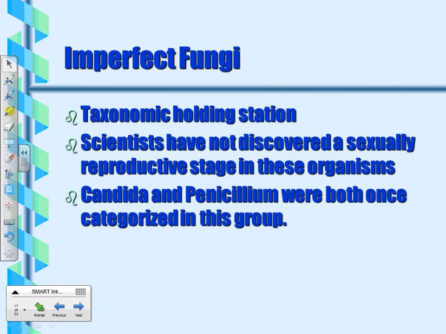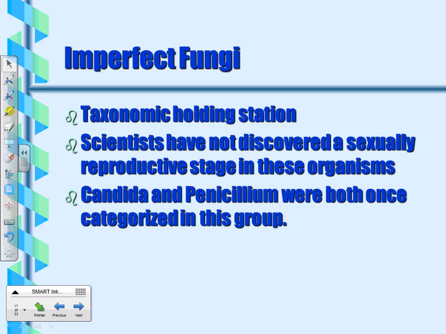All right, our last group, called the imperfect fungi. Imperfect because they don't seem to what? They don't seem to do sexual reproduction. Now here's the thing though. This group is sort of like Protista. What did the guy call Protista in the online video? Right, he called it the junk drawer of taxonomy.